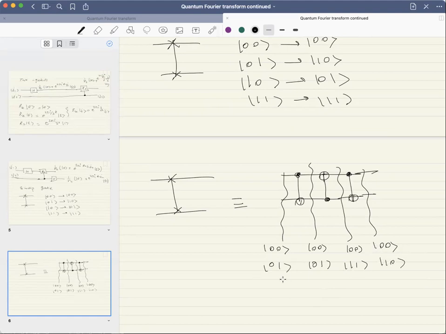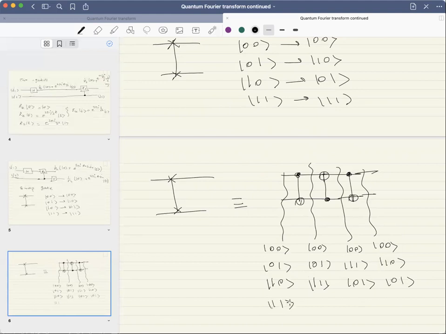So that's swapped them. If I send in 1, 0, at this stage, I'm getting, so now the second one is flipping. So I get 1, 1. Now over here, the second one is 1. So it flips the first one. So I get 0, 1. And then this doesn't do anything. So I remain 0, 1. That's good.